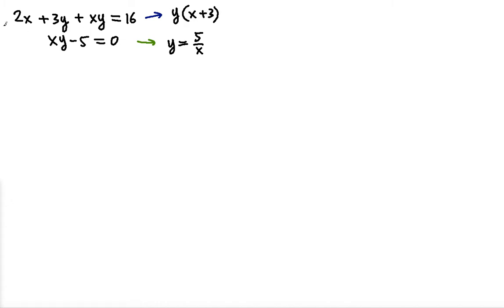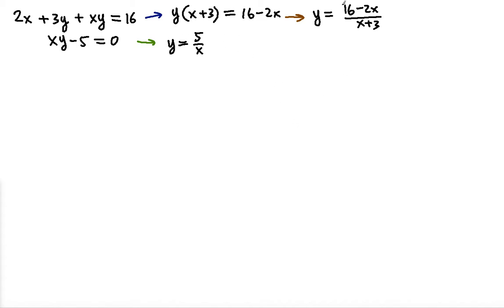And then you would subtract 2x on both sides of that equation, so what you would get is 16 minus 2x as a result. And now that further leads to solving for y in terms of x, right?